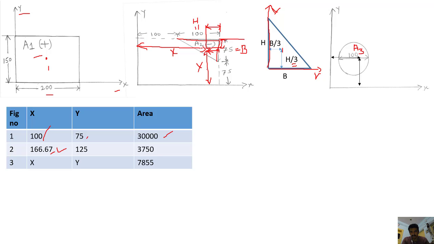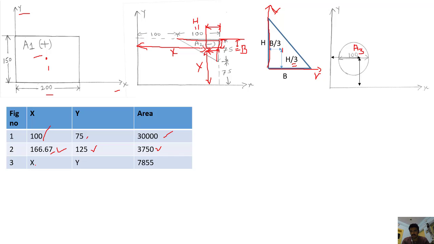For the y of this figure, it will be the total 150 minus 75 divided by 3, so 150 minus 25, that will be 125 mm. And the area, half base into height, is 3750 mm squared.